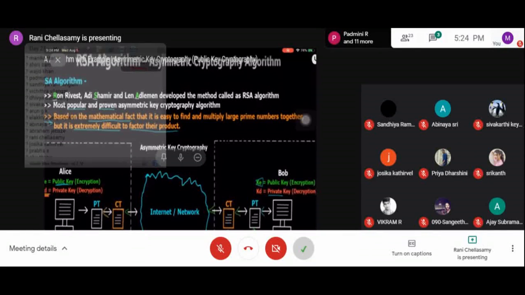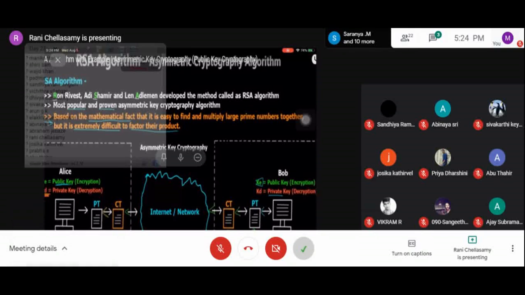RSA was the first algorithm which supported secure communication without a shared key, where encryption is very easy to implement and decryption is very hard without the private key.